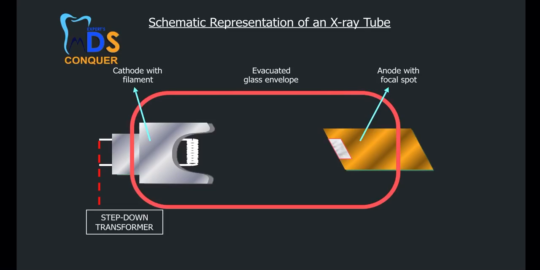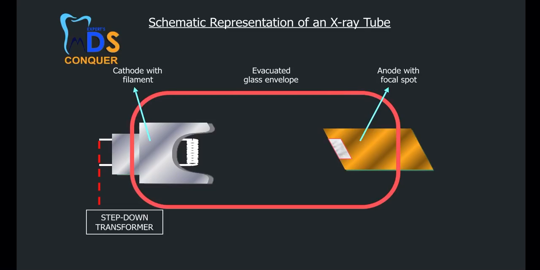Number one, it has a tungsten filament. Number two, it consists of a focusing cup made of molybdenum, and the cup is parabolic or concave-shaped in order to electrostatically focus the electrons towards the focal spot present in the anode. So we are done with the cathode.